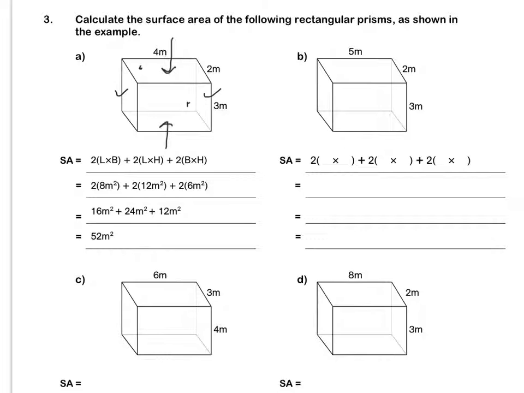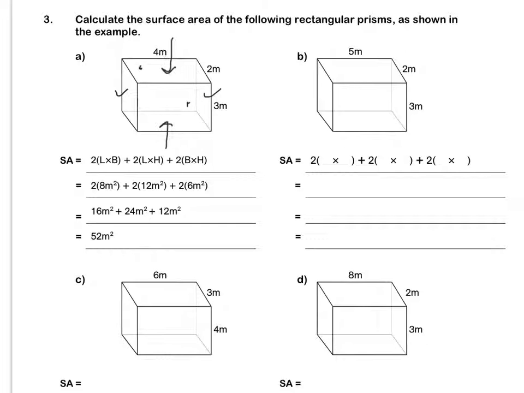So, for the formula for the surface area of any rectangular prism, we have 2 of the length times the breadth, that is the top and the bottom face, plus 2 times the length times the height, that's the front and the back face, and lastly, plus 2 times the breadth and the height, and that's the left and the right face.